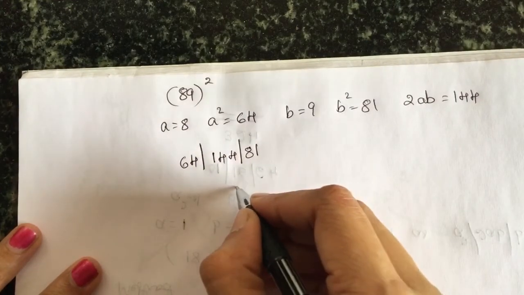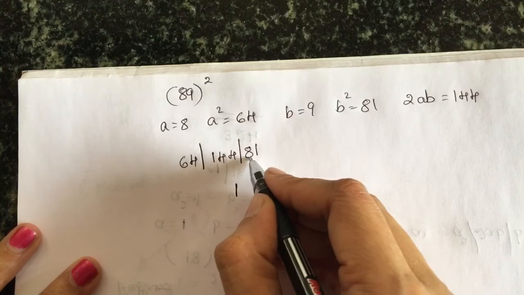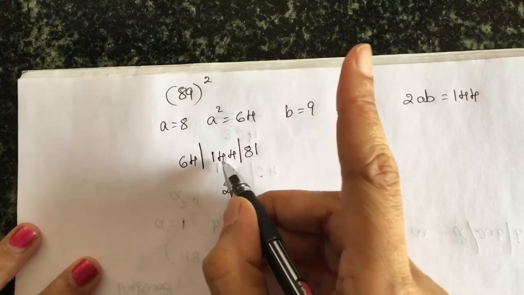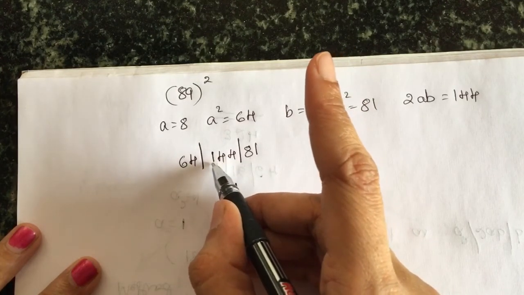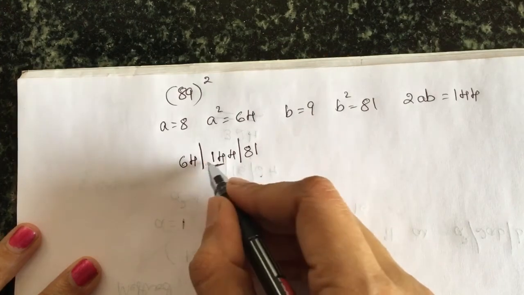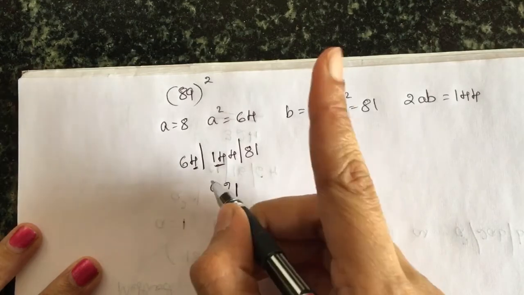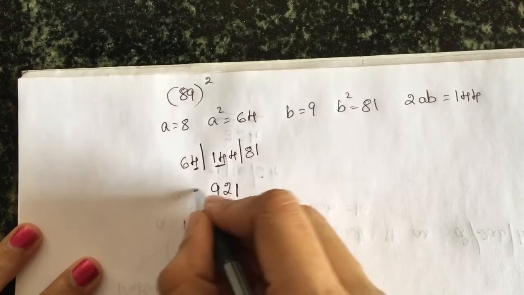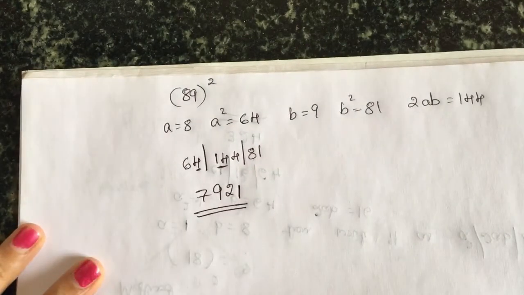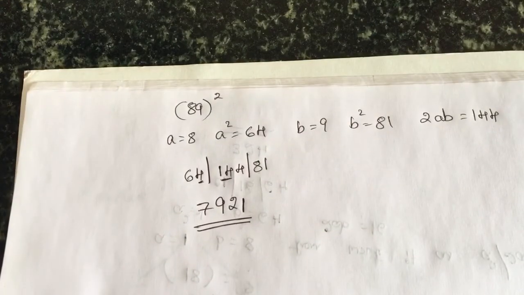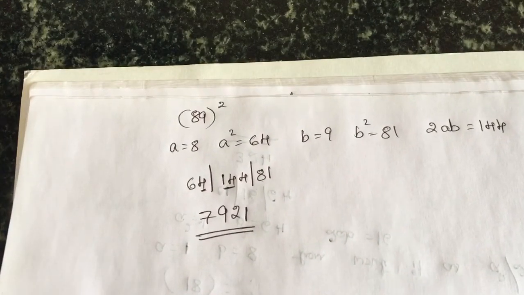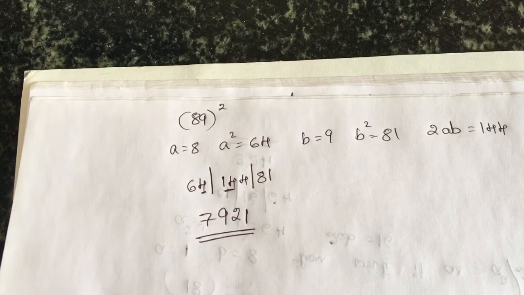So write the last digit as it is. 8 plus 4 is 12. Add that 1 to this so that this will be 15. 15 plus 4, so it's 19. Take 1 to this and add it to it. 7, 9, 2, 1.